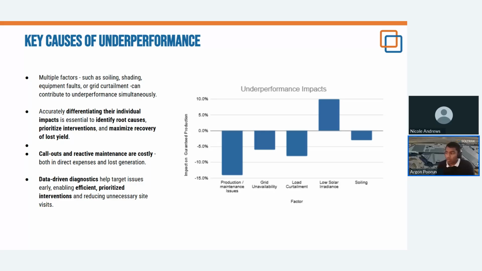It also helps you identify the root causes so that you know where to prioritize your interventions and what to focus on. What we're really getting at here is the power of data-driven diagnostics to help target issues, prioritize interventions and reduce unnecessary site visits.